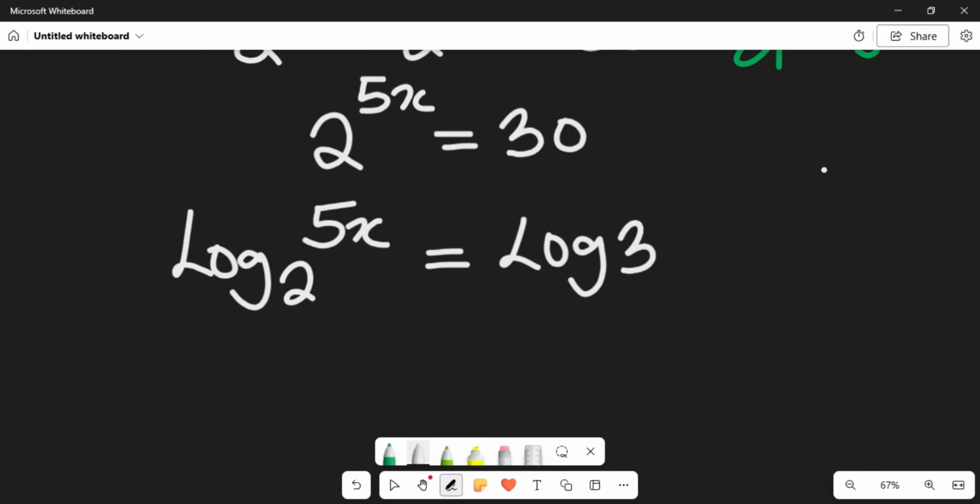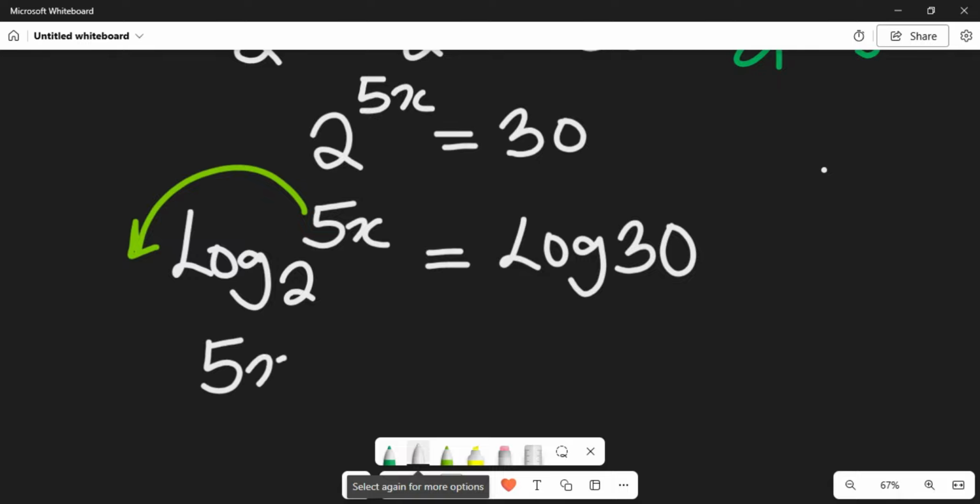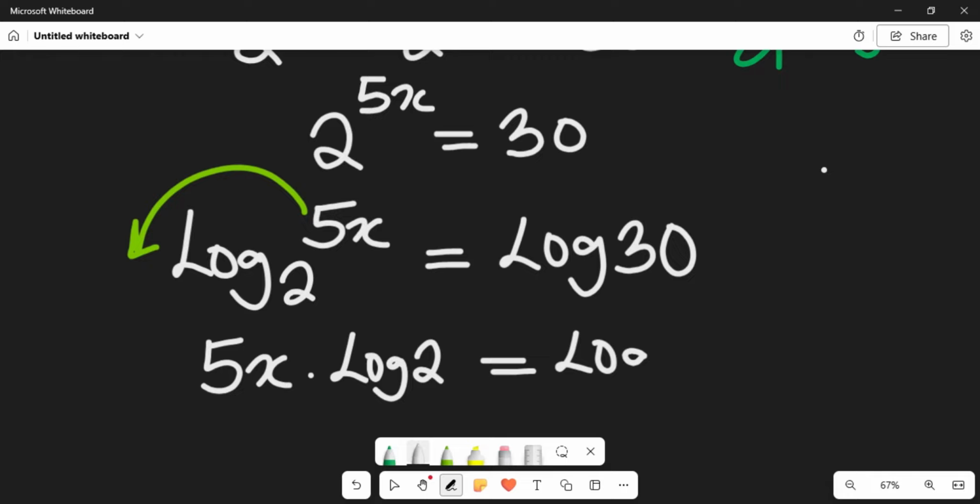Now, if we solve this, you will know that the 5x will come over here to multiply this logarithm. And then we'll have 5x multiplying the log of 2, and this will be equal to the log of 30.